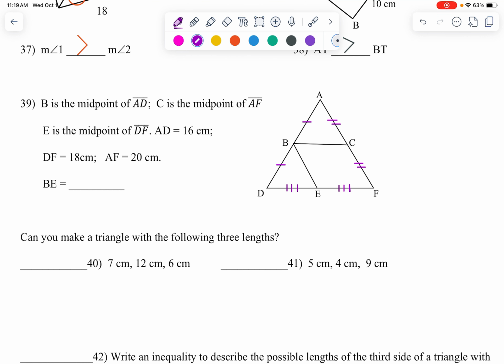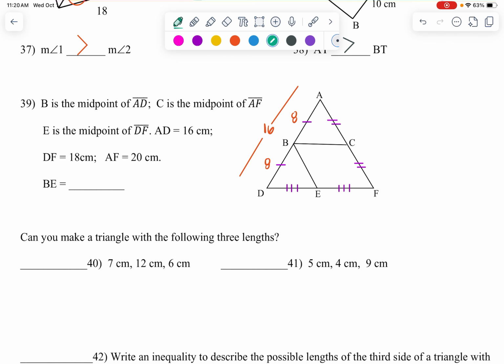The reason I'm putting the markings on here is to show that we have a lot of midpoints, and that means that BC and BE are midsegments. AD is 16. If it's cool with everybody, I'll just write it all out. You obviously don't have to write every single piece of this, because if AD is 16, then I already know that these are 8.